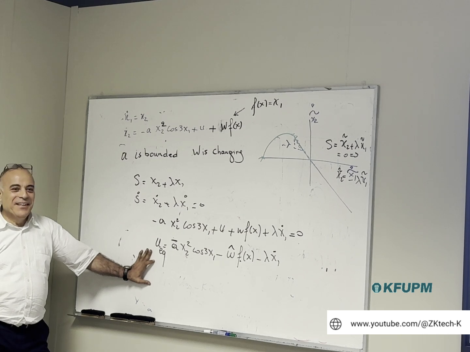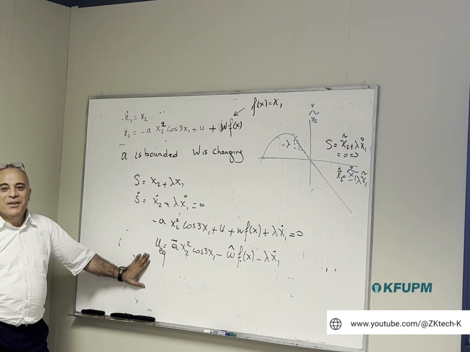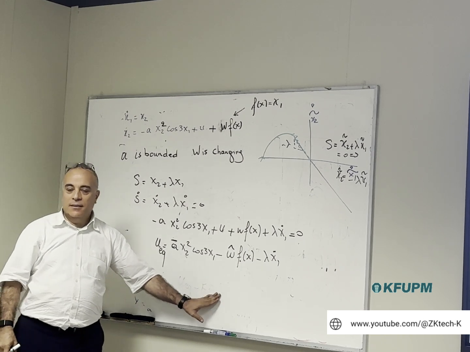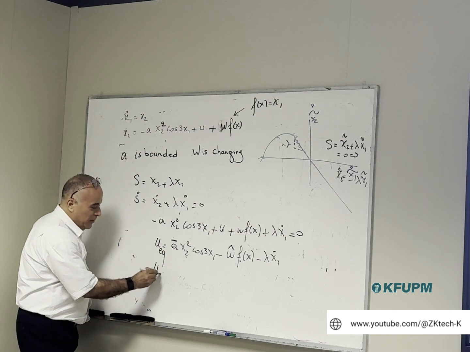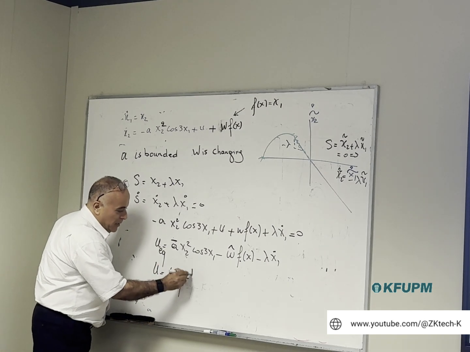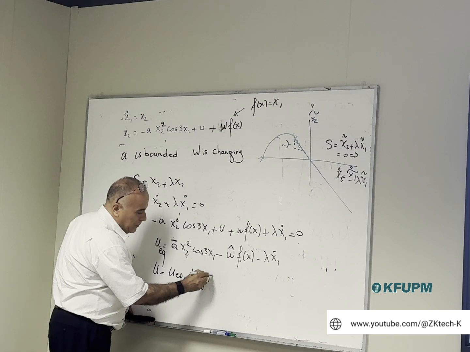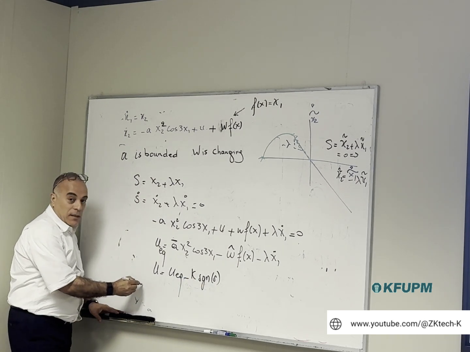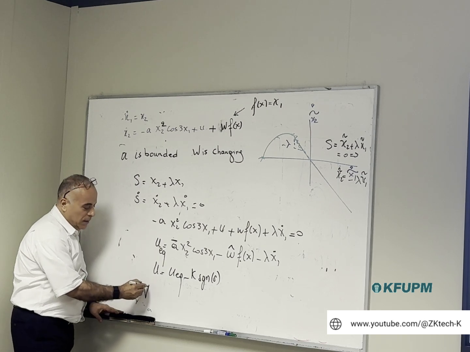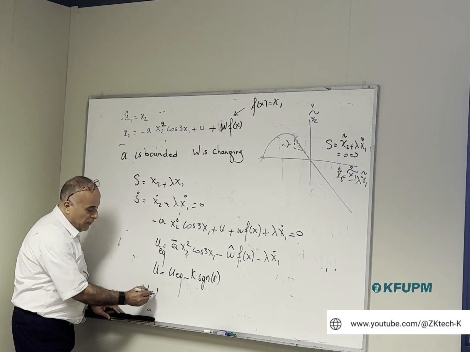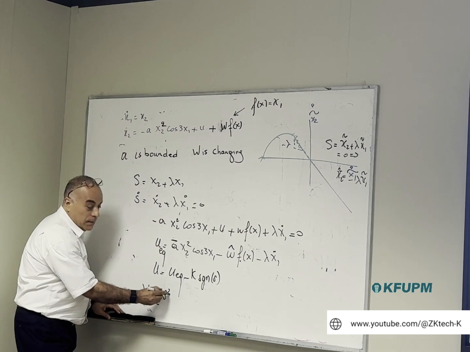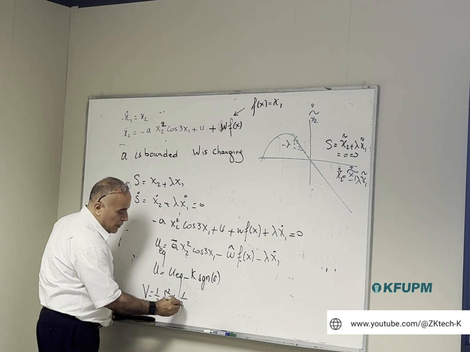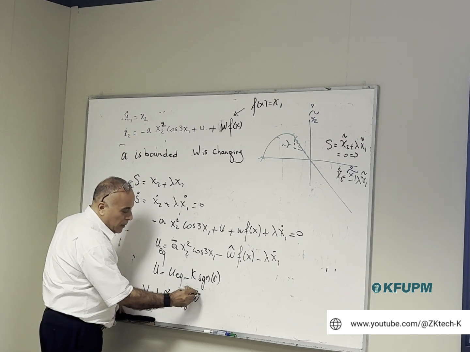U is equal to U equivalent minus K times sine. You have to declare a Lyapunov function. So V is equal to half of S squared, the sliding surface, plus half gamma W tilde squared.